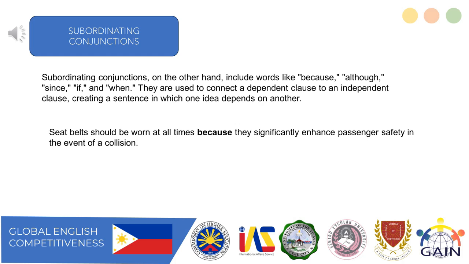For example, seatbelts should be worn at all times because they significantly enhance passenger safety in the event of a collision. In this case, because connects the main clause, particularly seat belts should be worn at all times, with the subordinate clause that provides the reason for that statement.